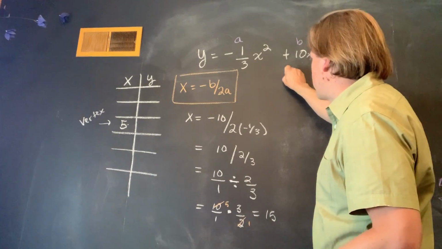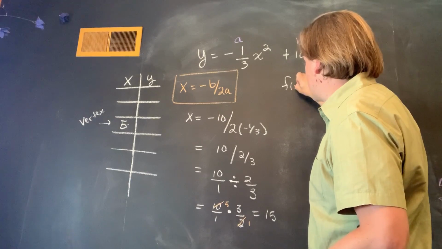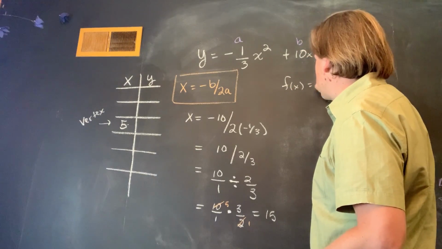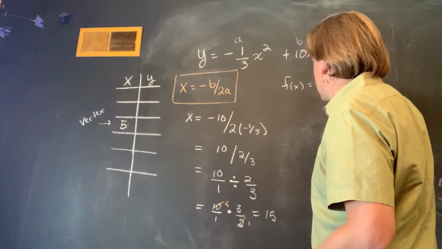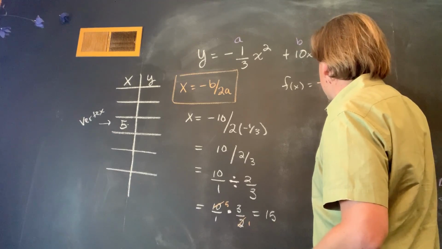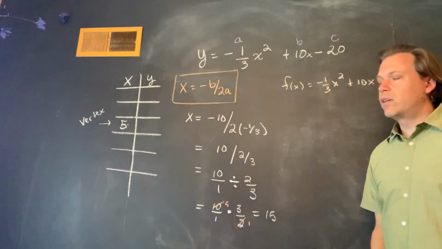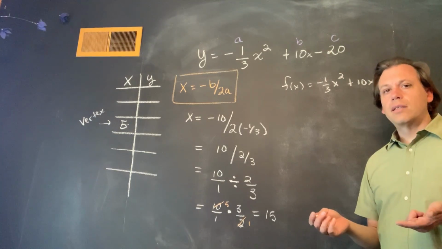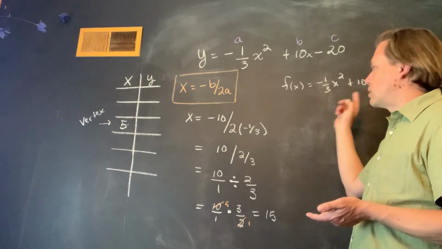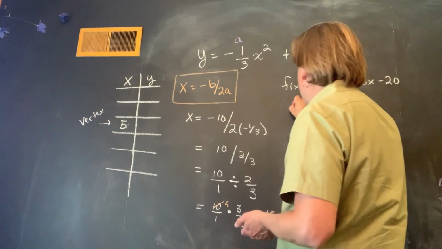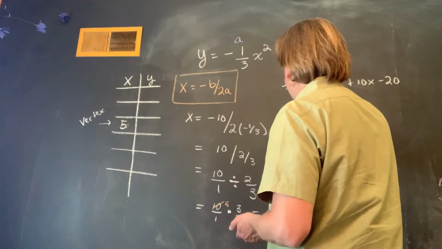I'm going to rewrite it as f of x. Same thing. And if I want to find the y value of the vertex, I just replace x with 15. So I'm going to find f of 15.